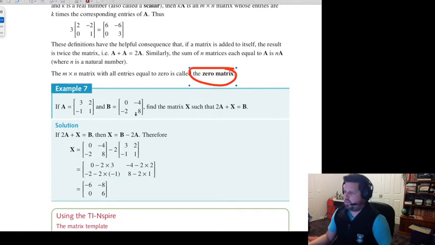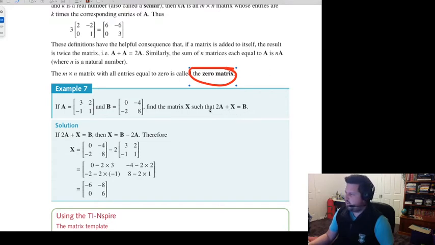Let's have a look at this worked example. Cool, it says here we've got two matrices. They've defined matrix A as this one here and matrix B as this one here. It says find the matrix X such that 2A plus X equals B. This is kind of like algebra that we did in Year 10.